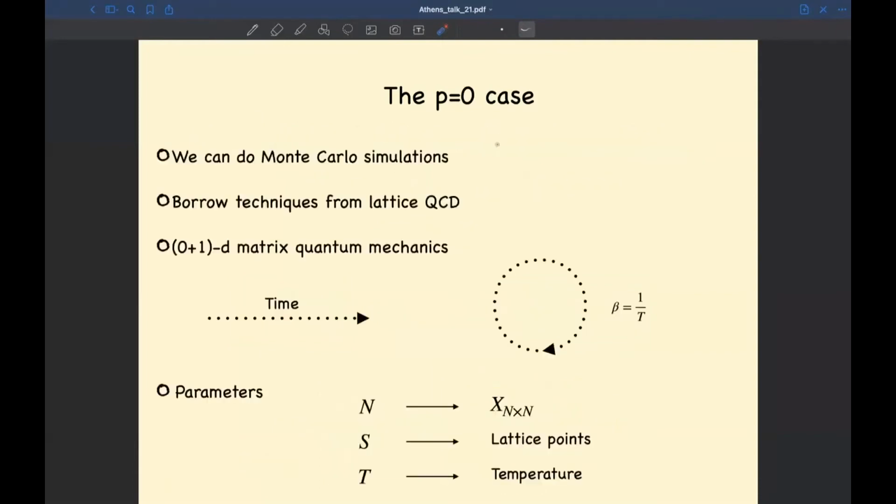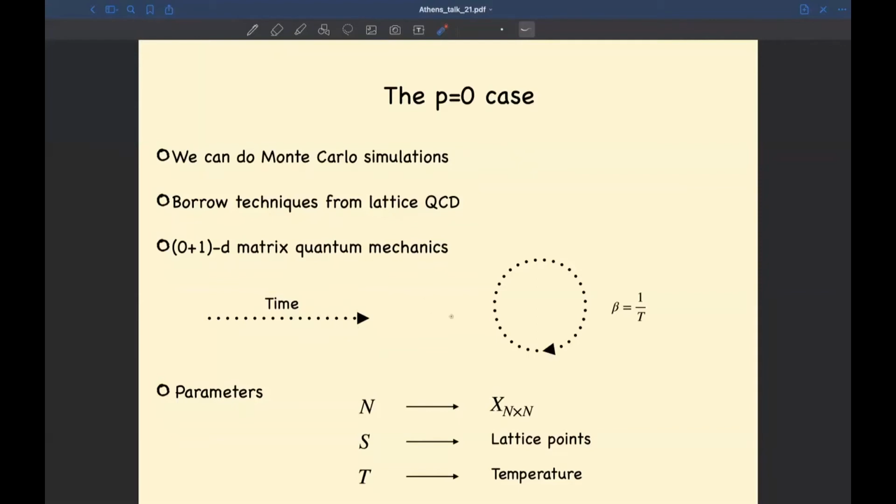So indeed, one can use this matrix model to do Monte Carlo simulations, and one can borrow techniques from lattice QCD, where this technique is quite established. Therefore, we have to simulate 0+1-dimensional matrix quantum mechanics. And this is much easier than QCD because we have just 1 dimension. Now, this dimension is discretized in a lattice sense, and it is a parameter that we call time.